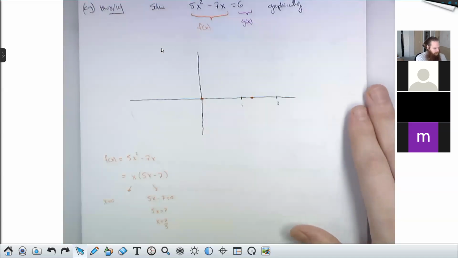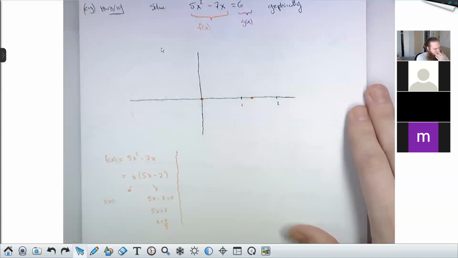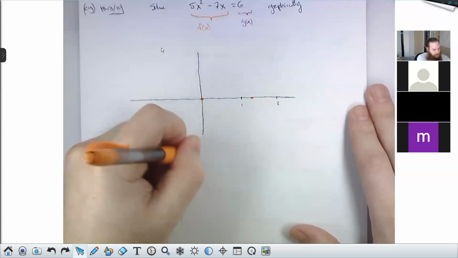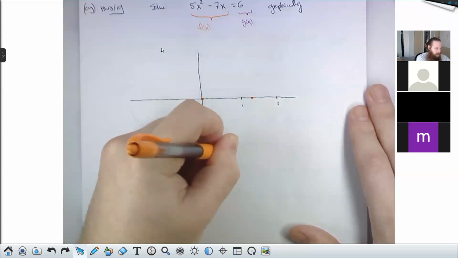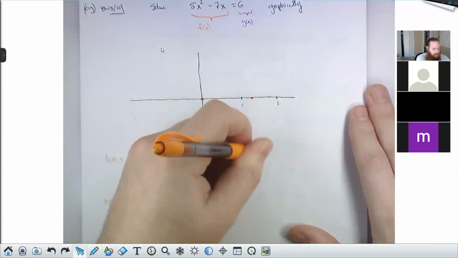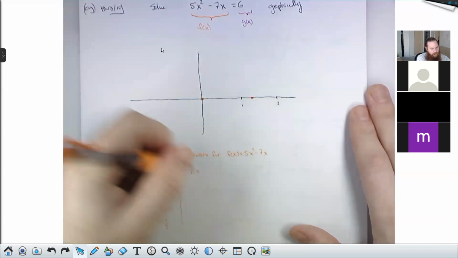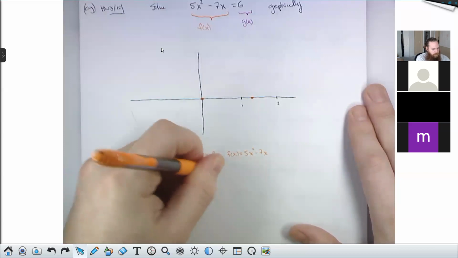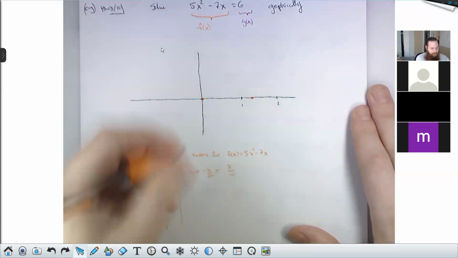We can find the vertex for this yellow fellow. The vertex for f of x equals 5x squared minus 7x has x coordinate h, which is always negative b over 2a, which would be 7 over 10.